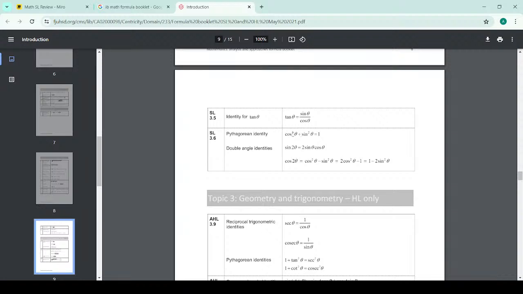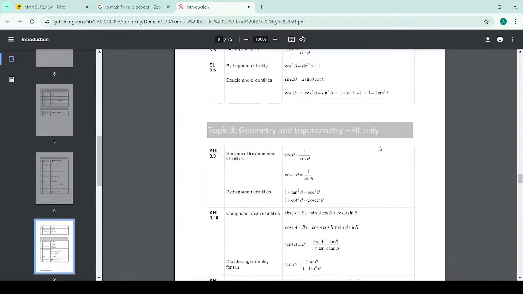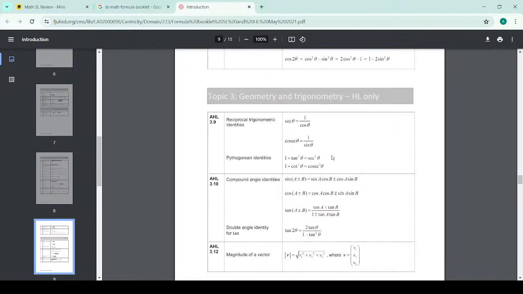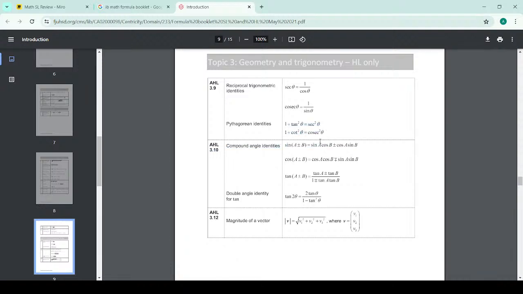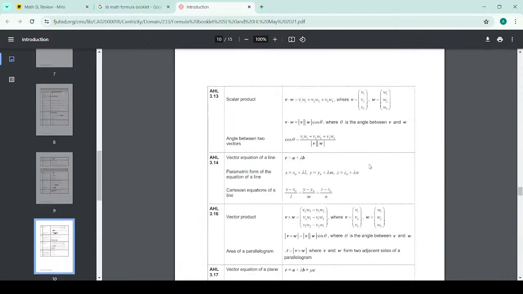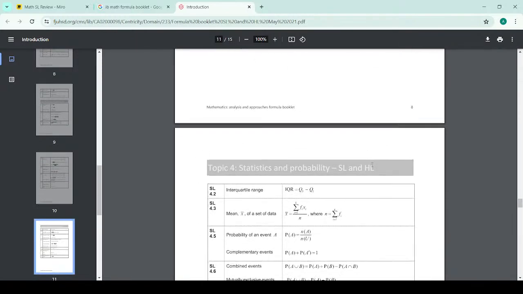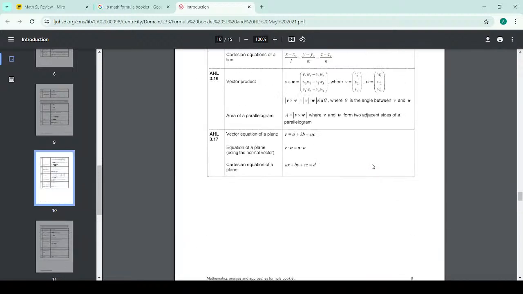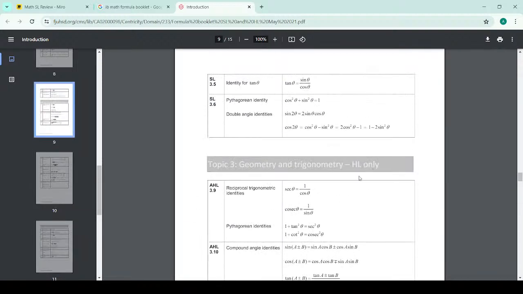This Pythagorean identity, double angle identities, reciprocals. Okay, Pythagorean. Yep. Compound angle identity. Okay, this is pretty important. Double for tan, and those are vector stuff. Yeah, and that's okay. So not too bad.